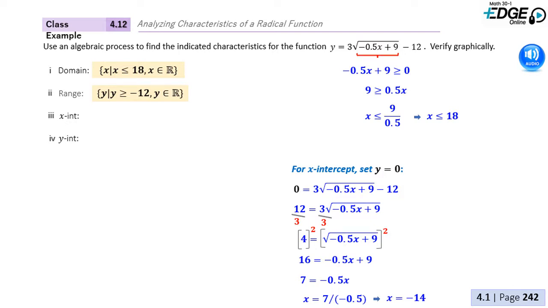So we find x is equal to negative 14. If we go back to our graph, we should see that it crosses the x-axis at negative 14.